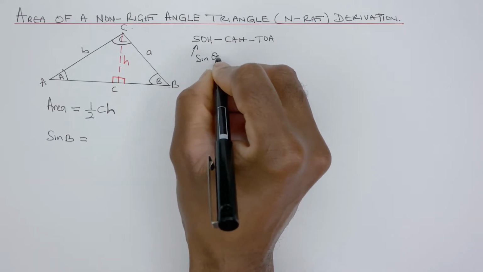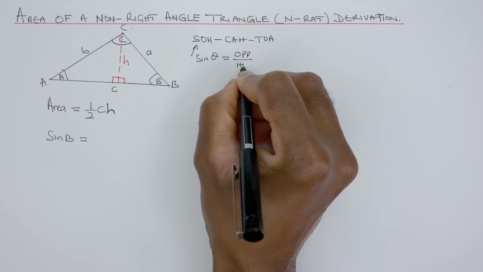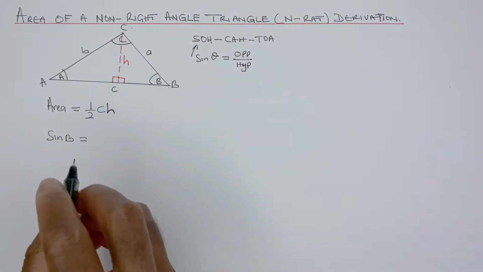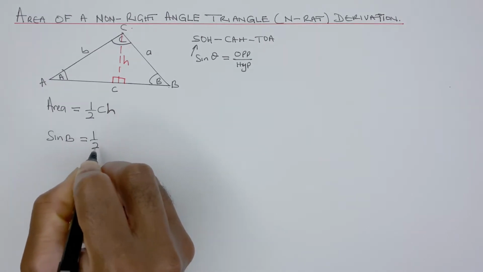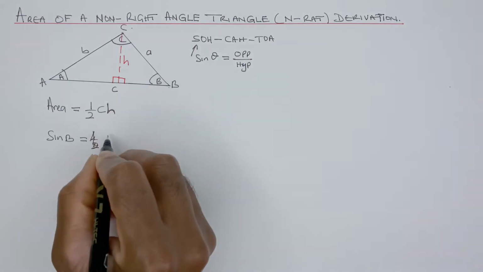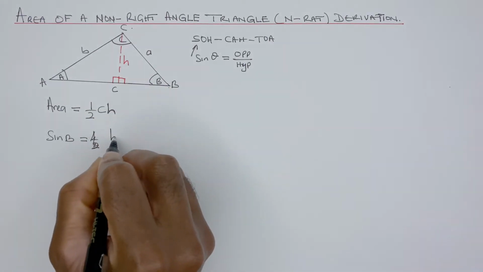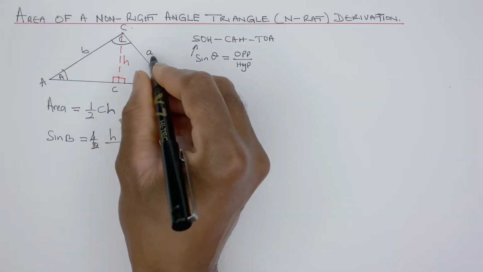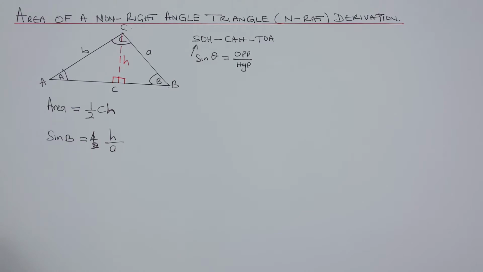Sine of an angle theta is opposite over hypotenuse. So sine of B, the opposite of B is h over the hypotenuse, which is a. So that will be h over a.